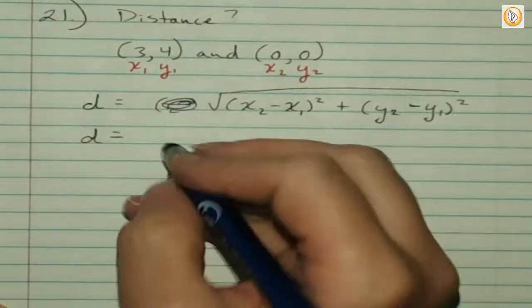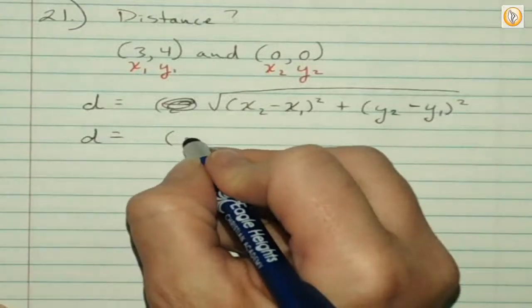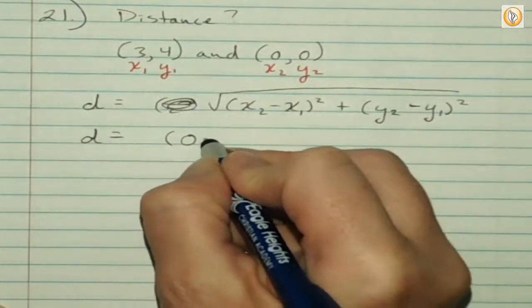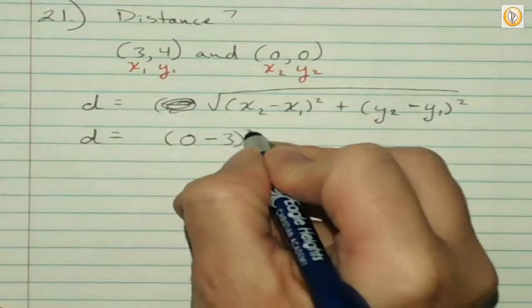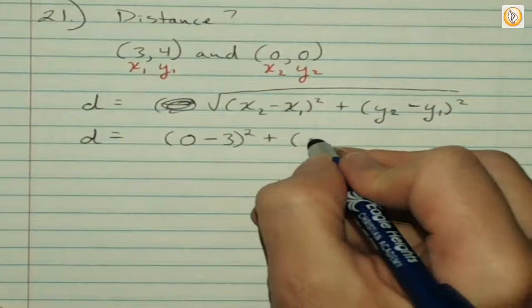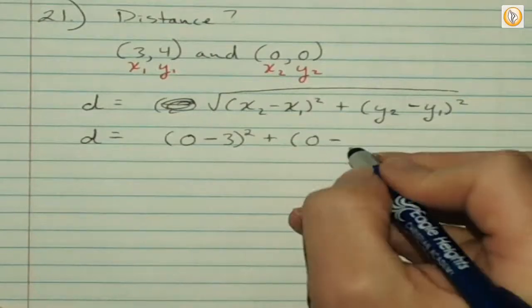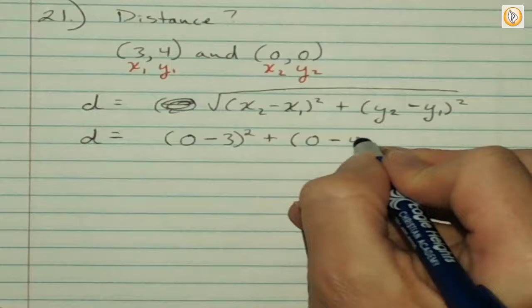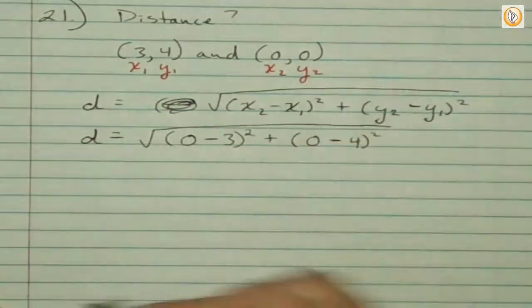All right, so tell me what to start putting in here. What's my x2? Minus, what's my x1? Squared. So plus, what's my y2? Minus my y1, squared, all under the radical sign.